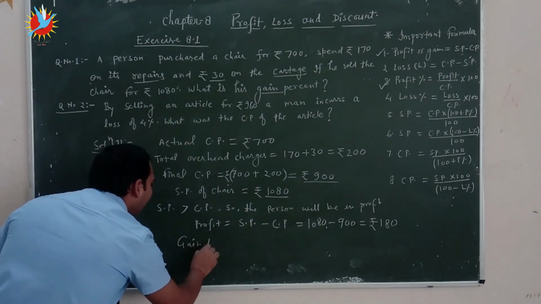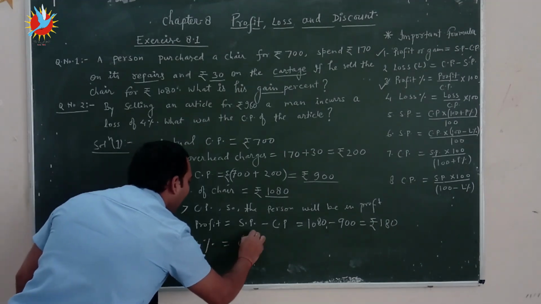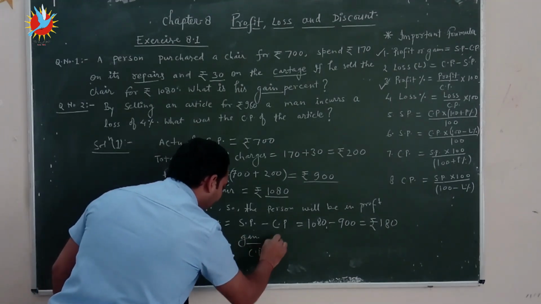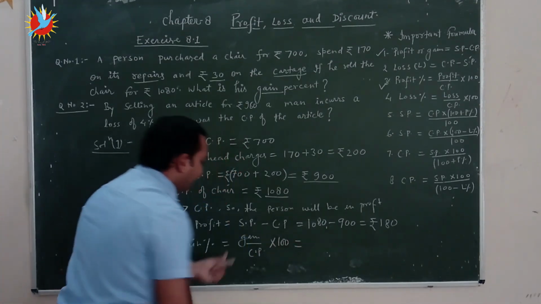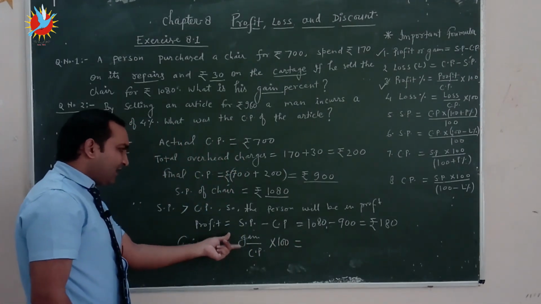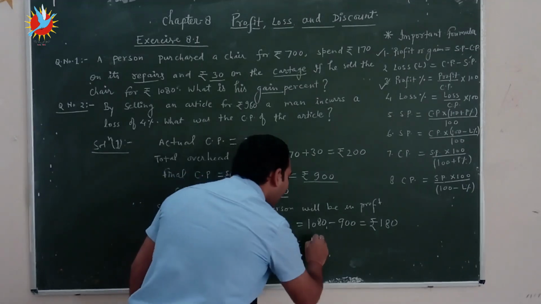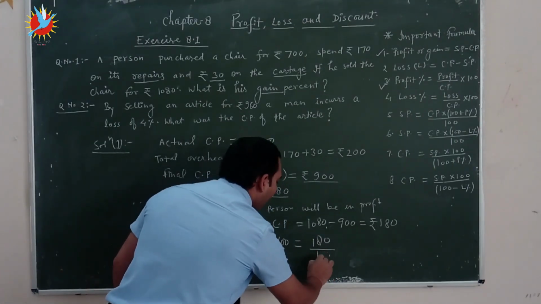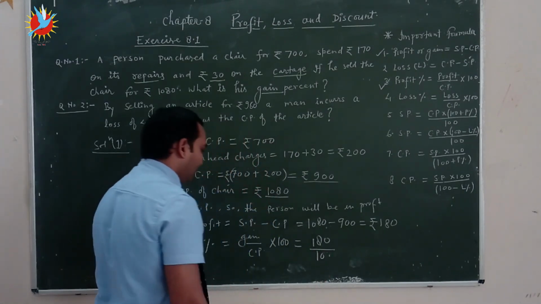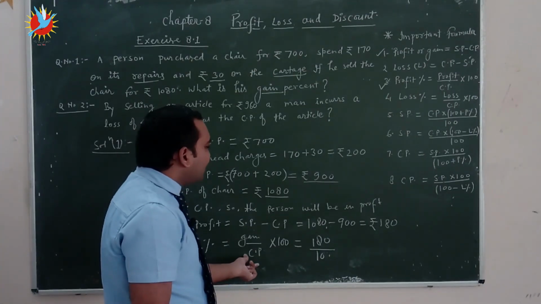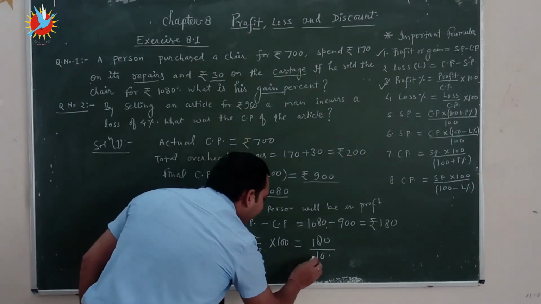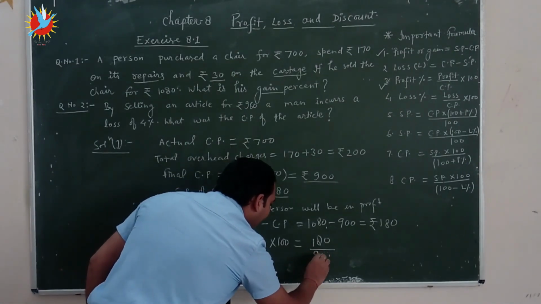Gain percent is equal to gain upon or profit upon CP into 100, which is equal to how much gain? Gain means profit, 180 upon, what was the cost price? The cost price was 900. So we write here 900.